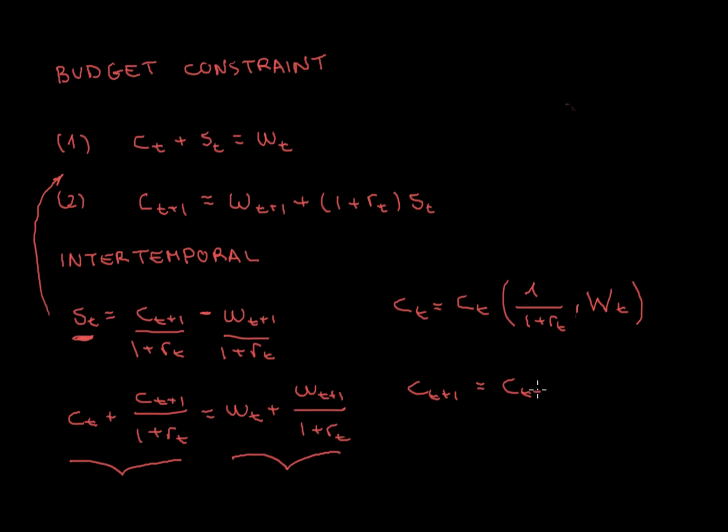So we have, all this is just the life cycle wealth. For that we can compute the consumption function, and the form of that function would be that one.